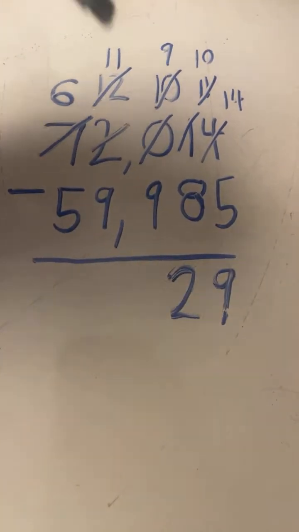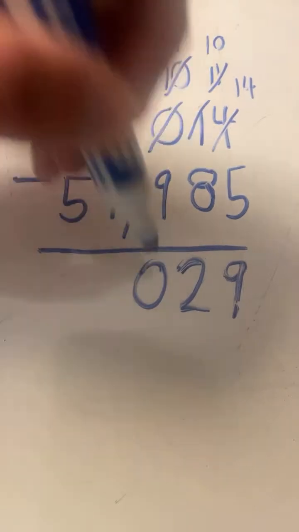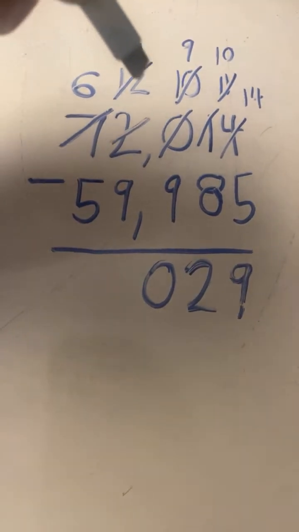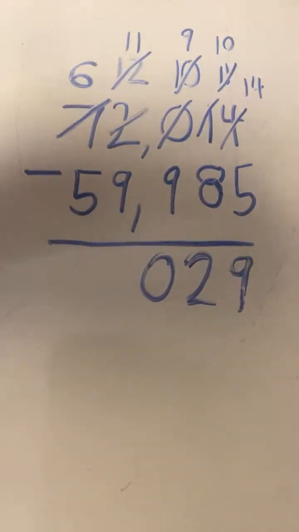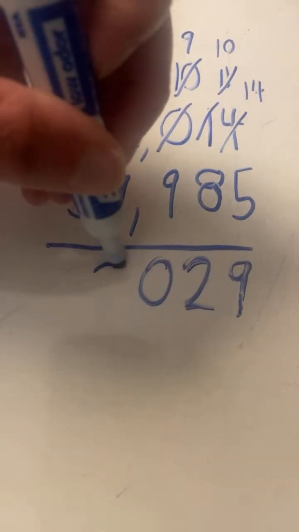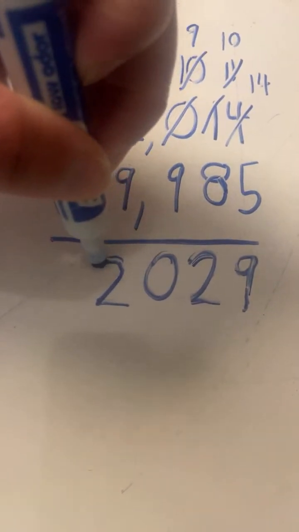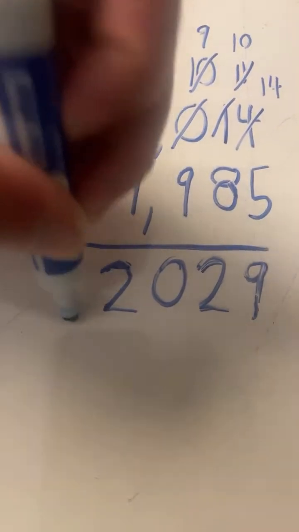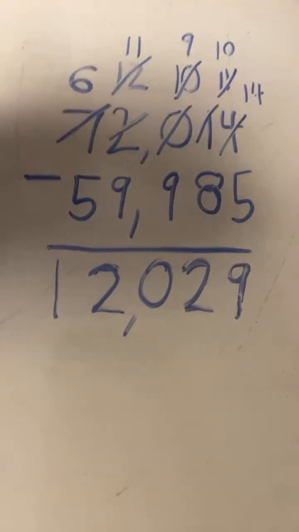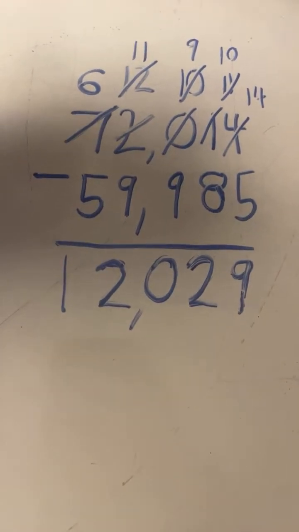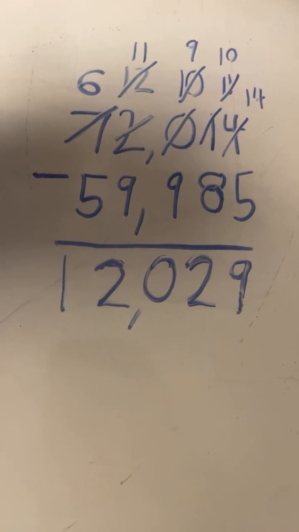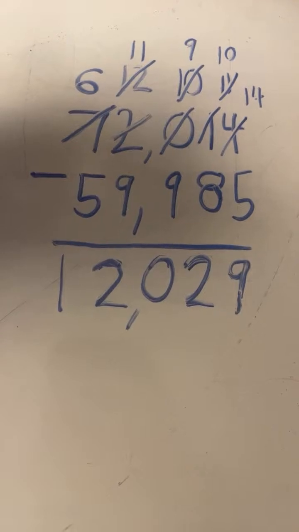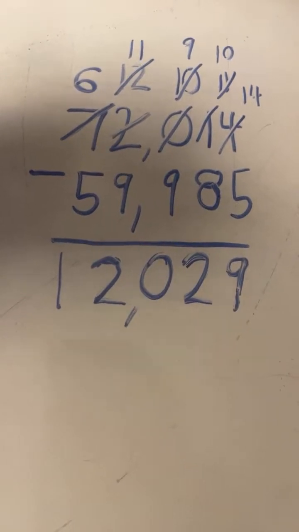I got to get a new marker. 9 minus 9 equals 0. 11 minus 9 equals 2. And 6 minus 5 equals 1. And we have our final answer. 72,014 minus 59,985 equals 12,029.